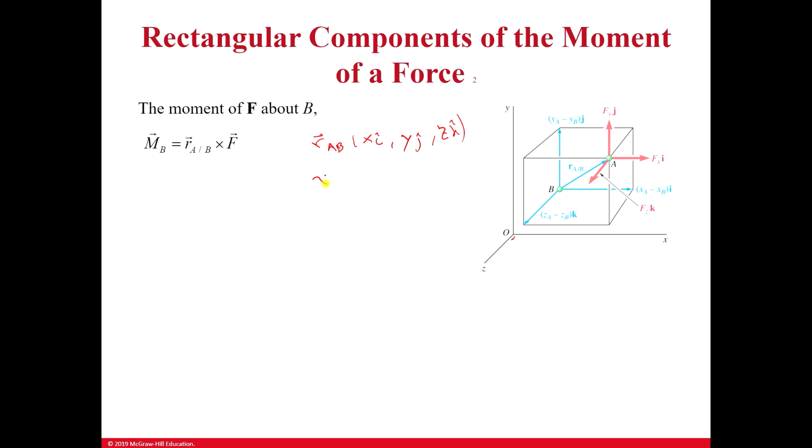So for X, you have XA minus XB. For Y is YA minus YB. And for Z, you have ZA minus ZB.